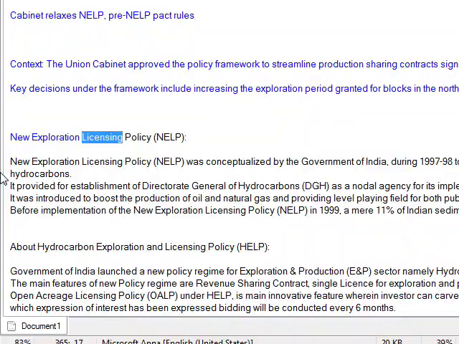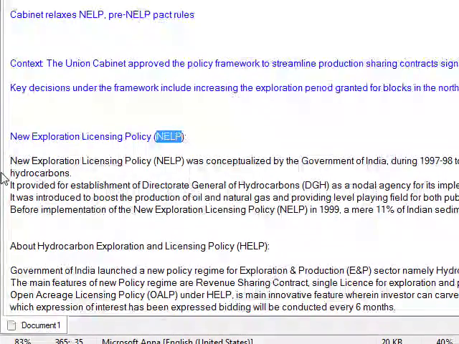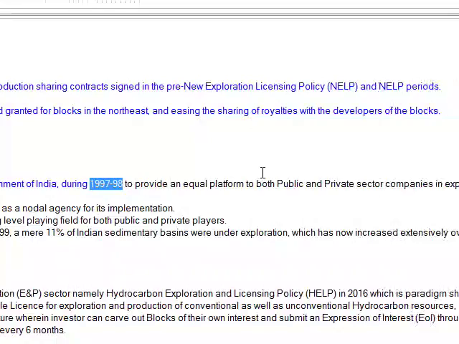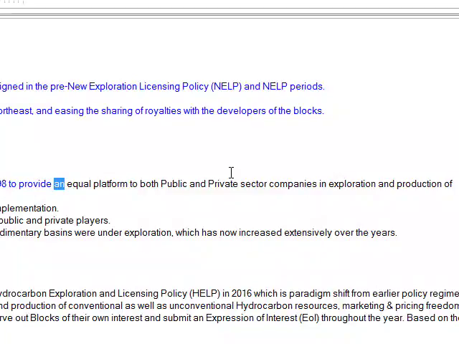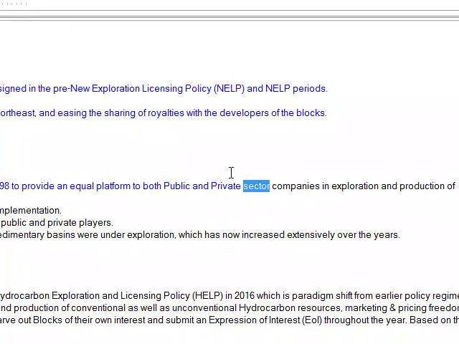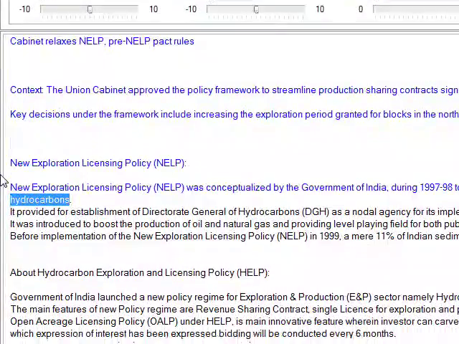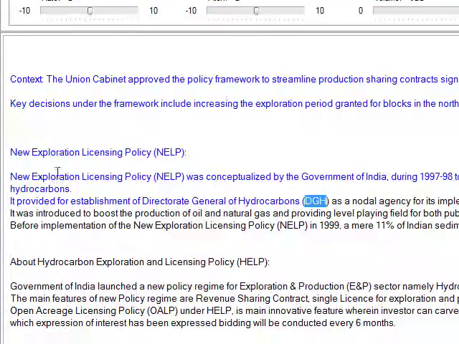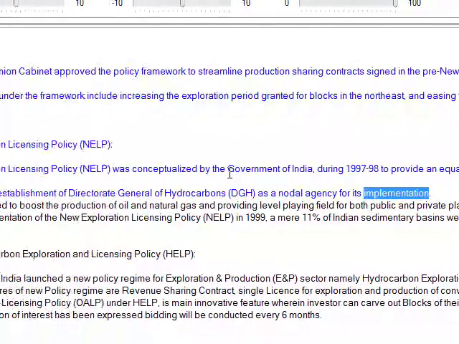New exploration licensing policy, NELP. NELP was conceptualized by the Government of India during 1997 to 98 to provide an equal platform to both public and private sector companies in exploration and production of hydrocarbons. It provided for establishment of Directorate General of Hydrocarbons DGH as a nodal agency for its implementation.